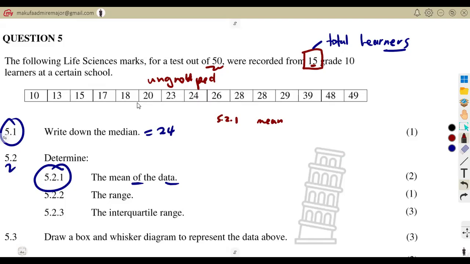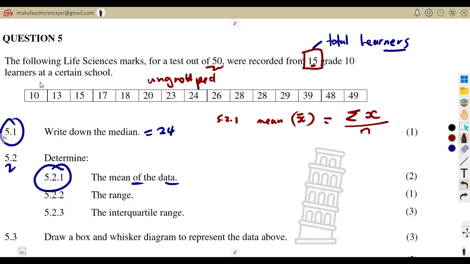Sum of all terms, which are x terms. So the mean, being given as x bar, is going to be equal to what? Sum of all x terms over the number of terms. Sum over total.